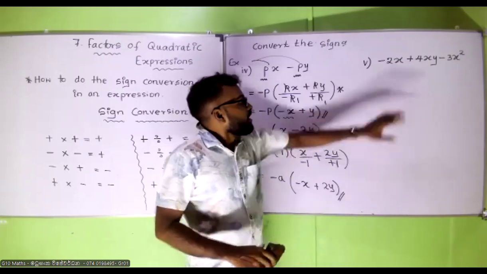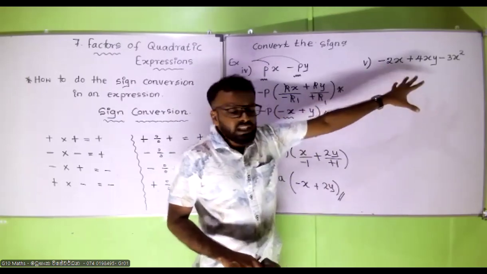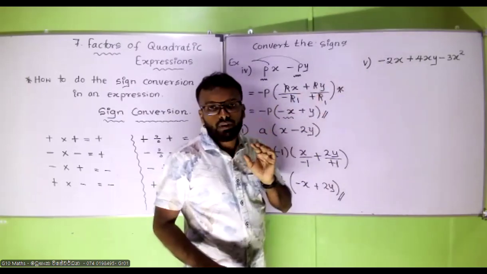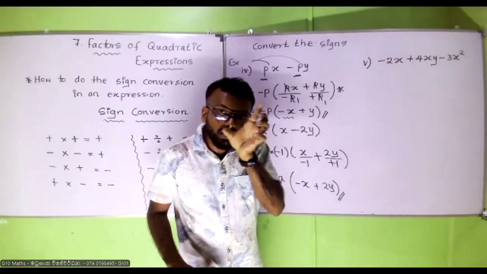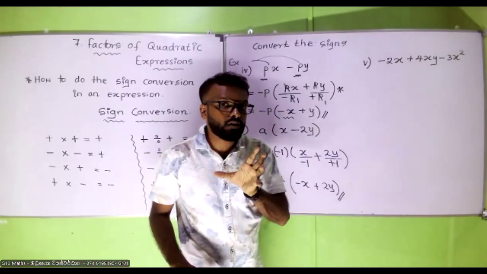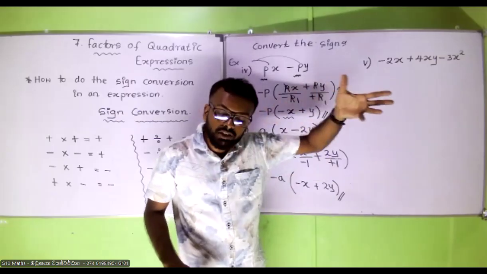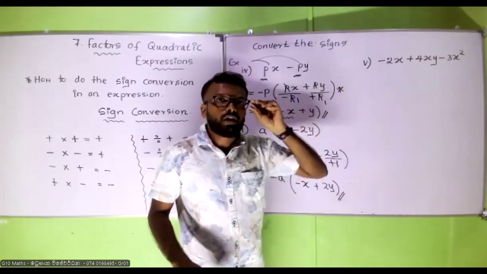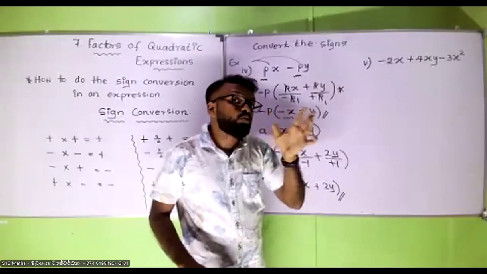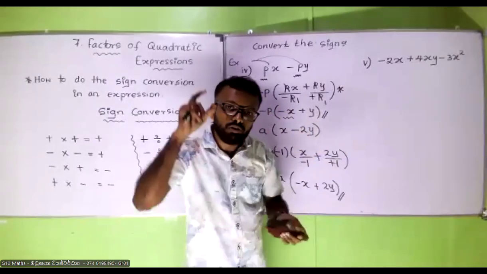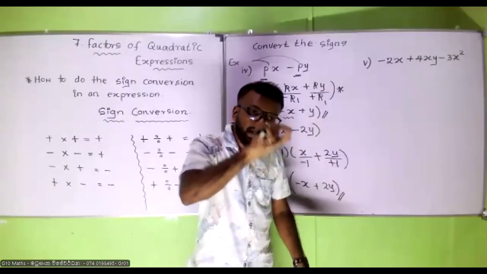By looking at these three terms, first thing, you need to take the common term out and you need to do the sign conversion. First of all, you know how to do the sign conversion. You have to definitely take the negative sign out.